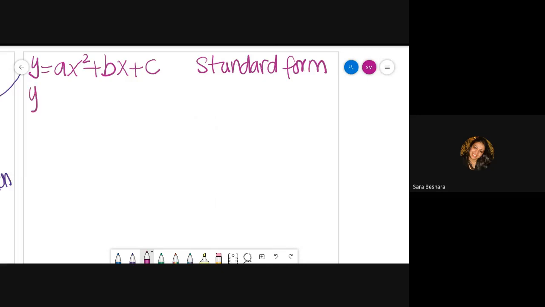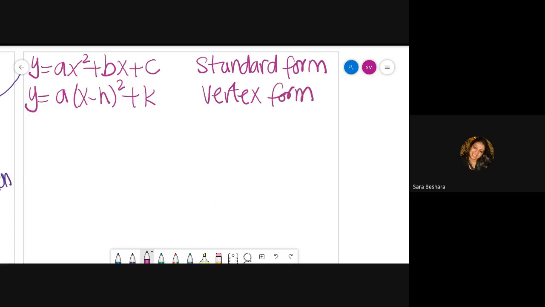And then y equals a times (x minus h) squared plus k, that's called vertex form. It's called vertex form because it shows the h and k.